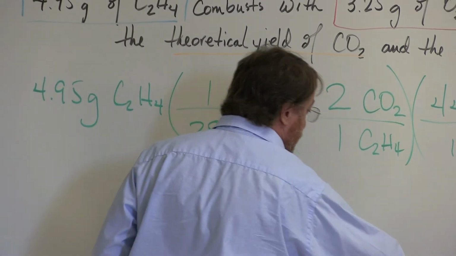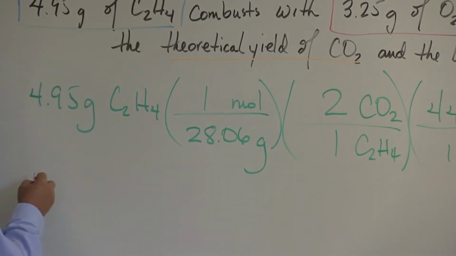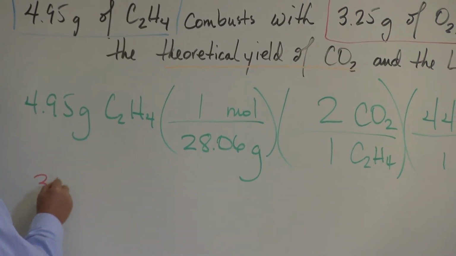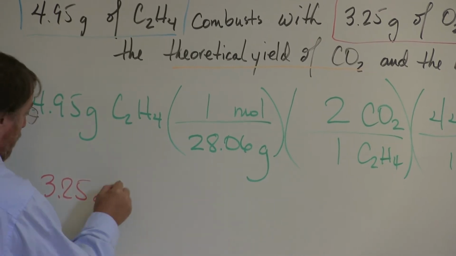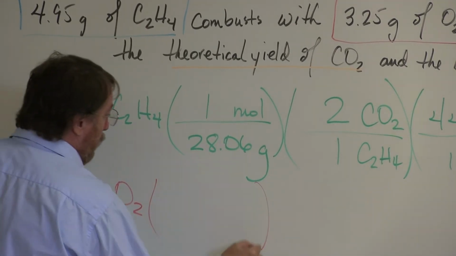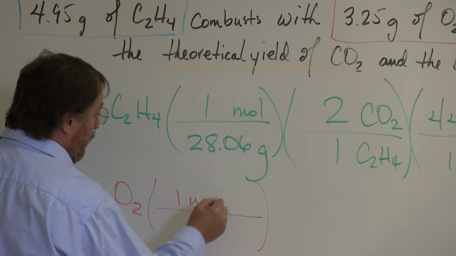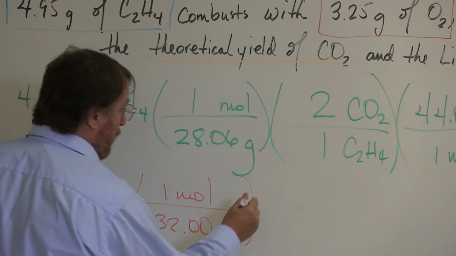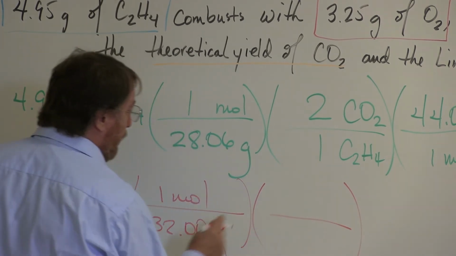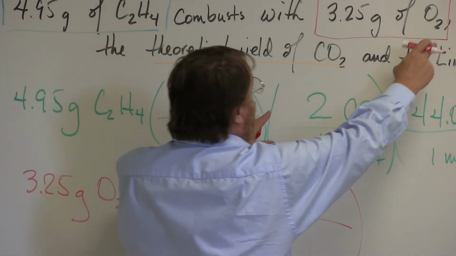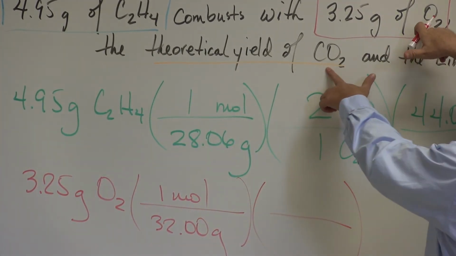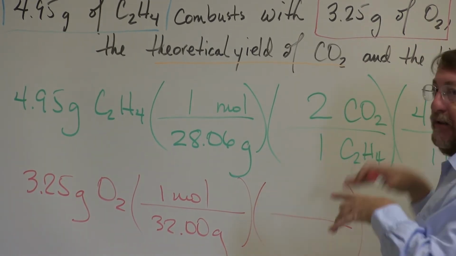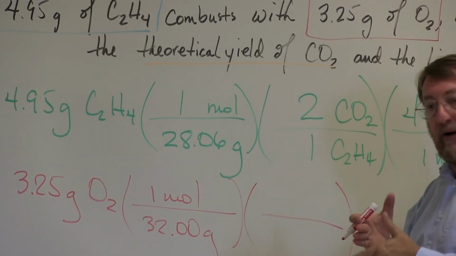Let's figure out. So let's take our oxygen here, 3.25 grams. We'll convert it into moles. Now I'm taking the oxygen and still going to CO2. Both of these must go to the same quantity so I can compare them.